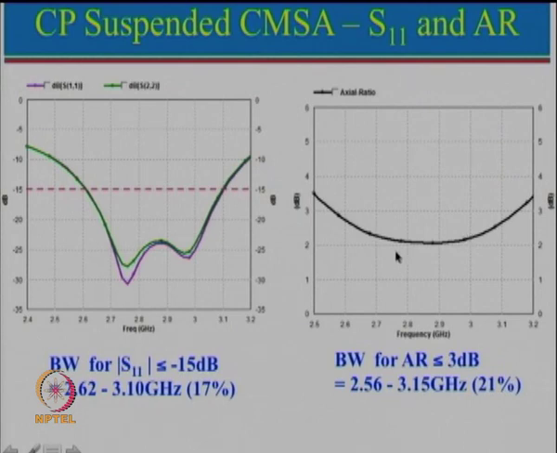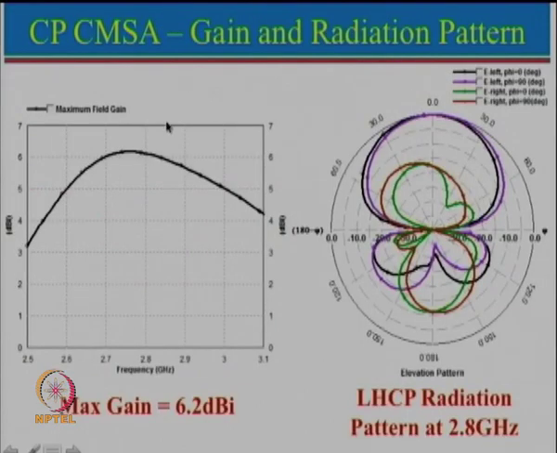So, it meets all the requirements for the desired design. Let us now look at the gain plot. For this particular case, gain is about 6.2 dB at the center frequency, and the gain variation over 2.7 to 2.9 is relatively very small.